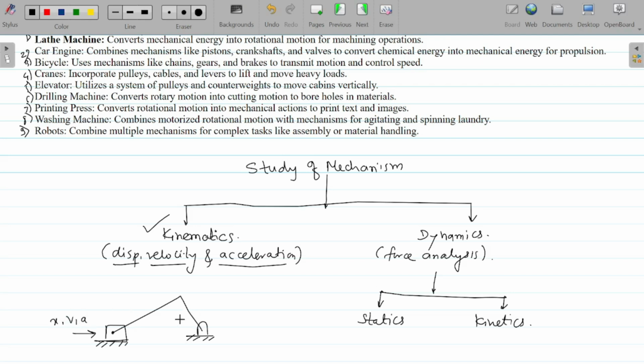Similarly, if I am having some angular displacement, angular velocity omega, angular acceleration alpha, and these values are provided, then what will be the displacement of the piston, that we have to find out. So that is the part of kinematics, that is displacement, velocity and acceleration analysis. We are not seeing the part from dynamics right now. We are mainly focusing on displacement, velocity and acceleration.